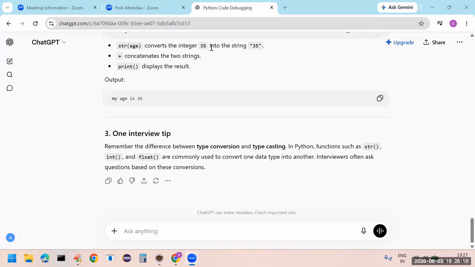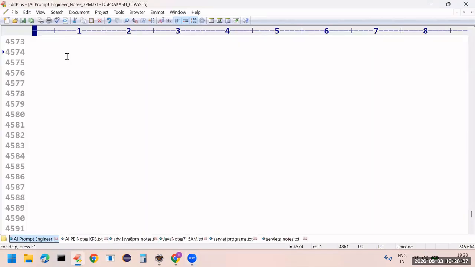Anyway, before moving to that, let me go with one structure. So what is the structure? Basic structure of step back prompting. What is the basic structure?